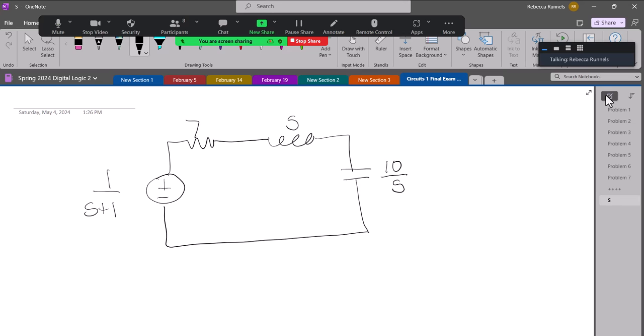If I wanted to find V naught at the capacitor, now that I have this in terms of impedances, I can use voltage division. So I could say that V naught equals my total voltage times my impedance, the part that I'm looking for, over the sum of the impedances.